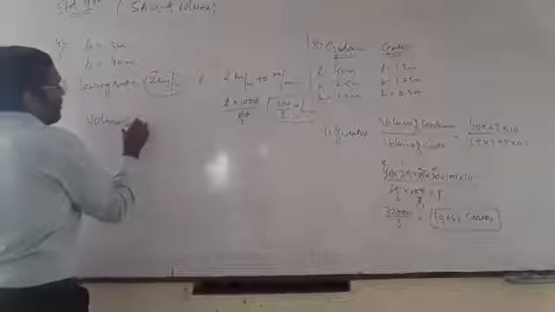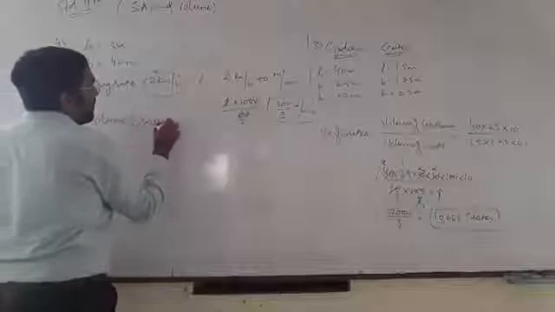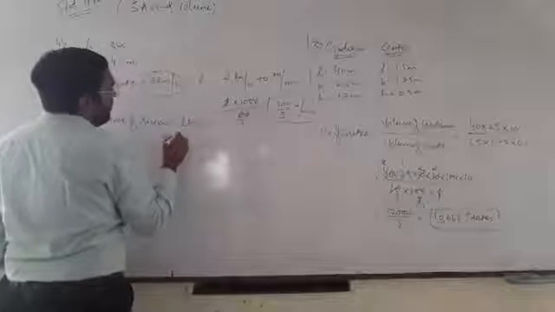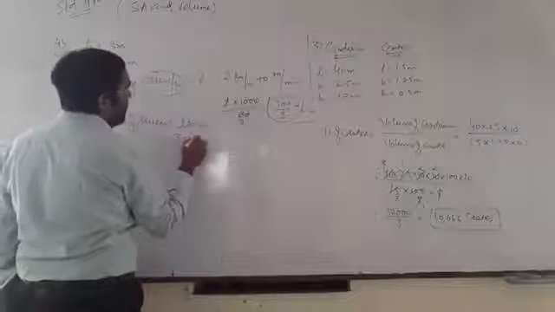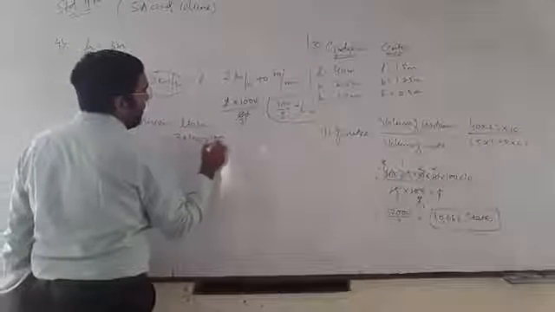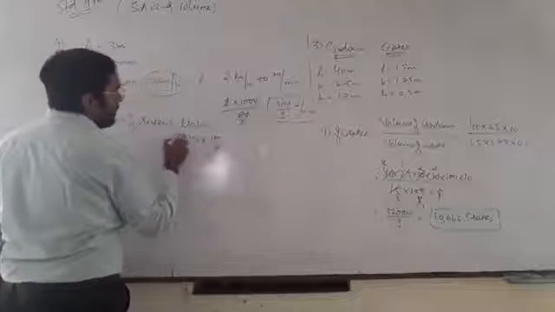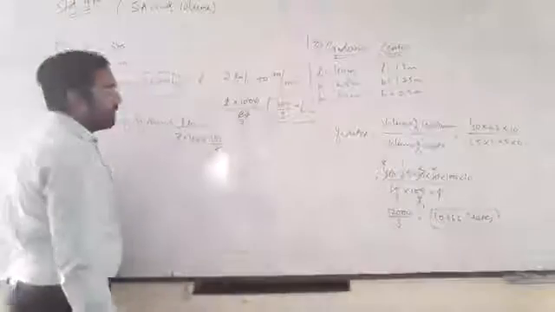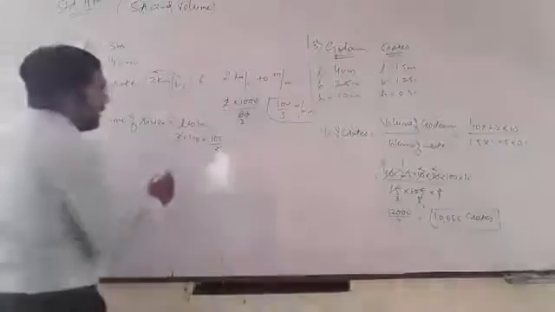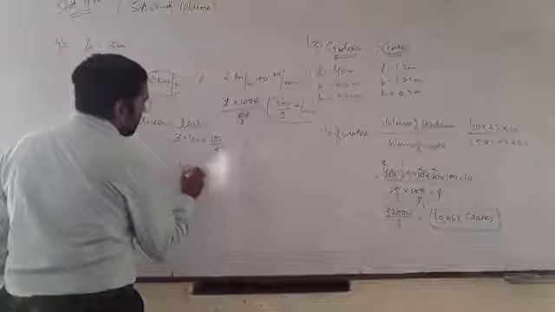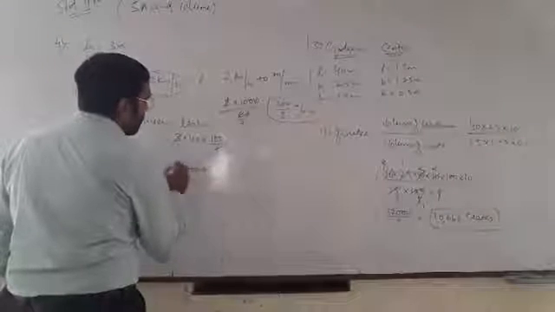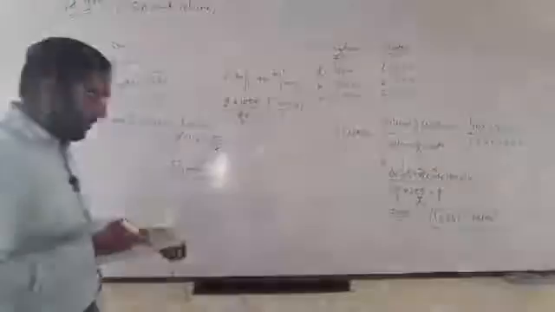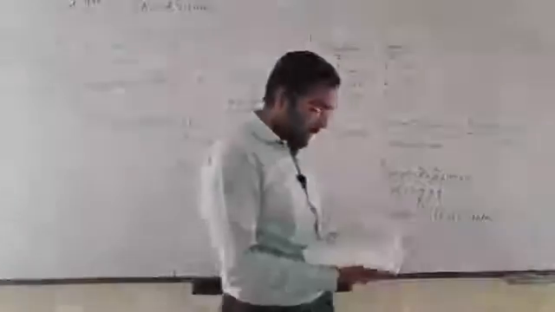So what is my volume? Volume of the river is L times B times H, that is 3 into 40 into 100/3. The 3s cancel out, therefore 40 into 100, that is 4000 meter cube. So 4000 meter cube of water falls into the sea in a minute.